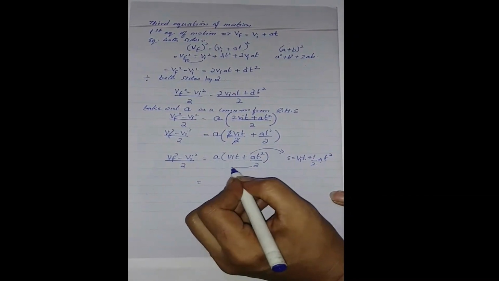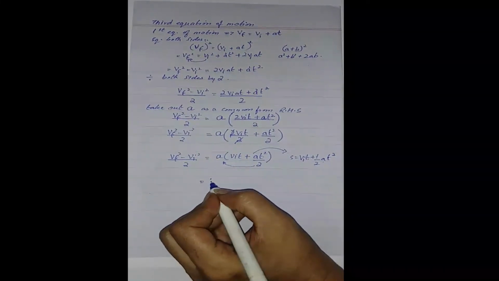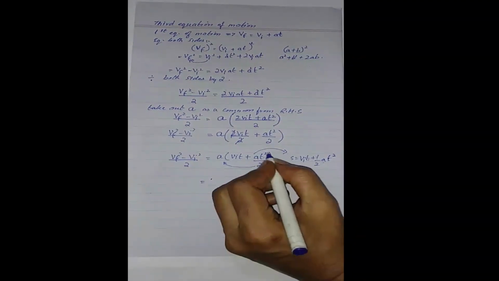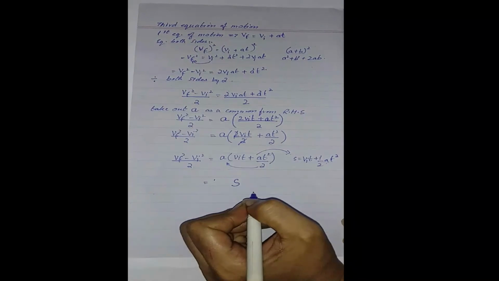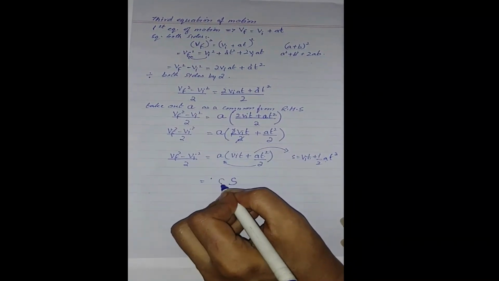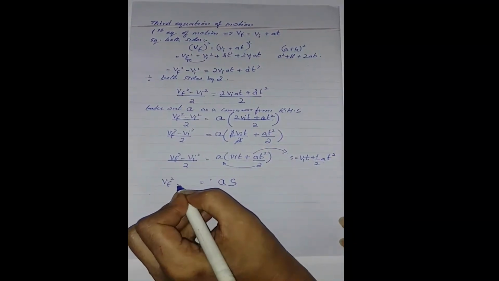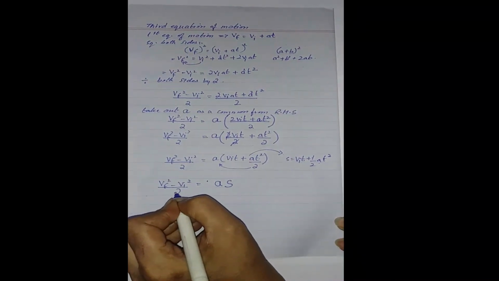So this whole expression is equal to S, and here we have a over here. This side we have Vf square minus Vi square upon 2.